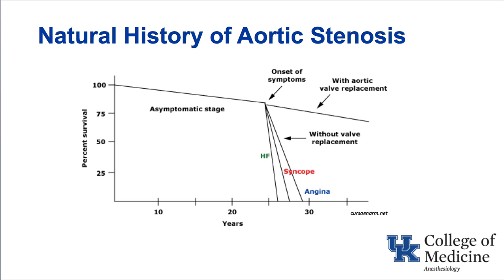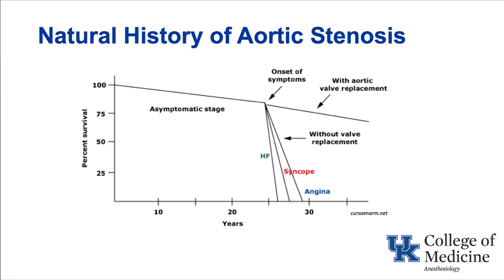And from the time of onset of symptoms like heart failure, syncope, or angina, if you don't have aortic valve replacement, you're not going to live very long. A little bit longer after heart failure symptoms than syncope and angina maybe, but all three of them are associated with, from the onset of those symptoms to death without valve replacement, not very long period of time.